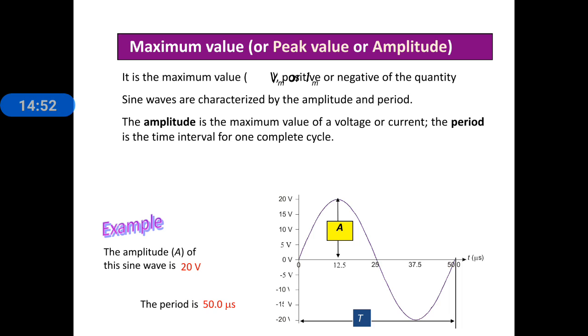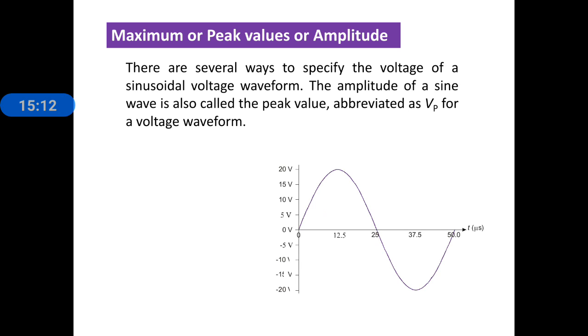Here the time period for one cycle requires 50 microseconds. That means, suppose a 2-pole alternator, for one rotation, for 360-degree movement, it requires 50 microseconds to complete one rotation. Maximum or peak or amplitude.